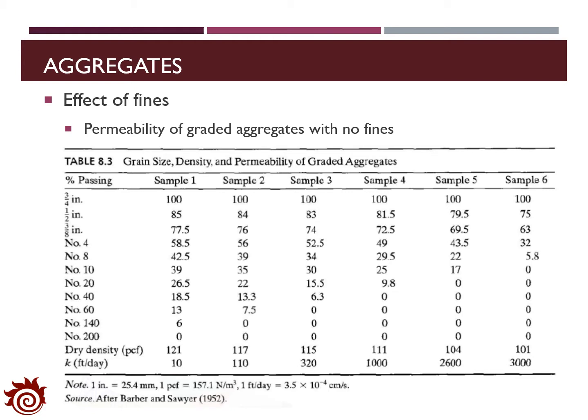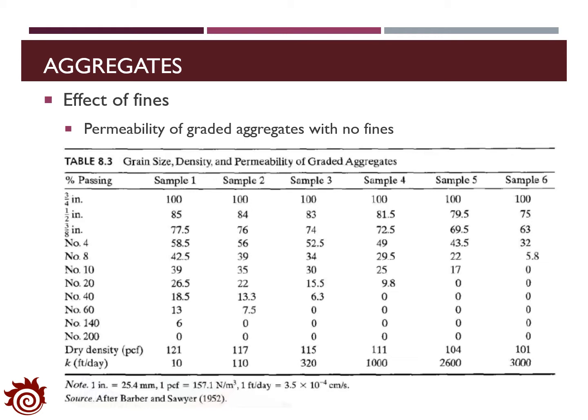The table here summarizes the permeability of graded aggregates with no fines passing number 200 sieves. Clearly you can see that by reducing the amount of the particles with a smaller grain size, the permeability of the sample can be increased dramatically.